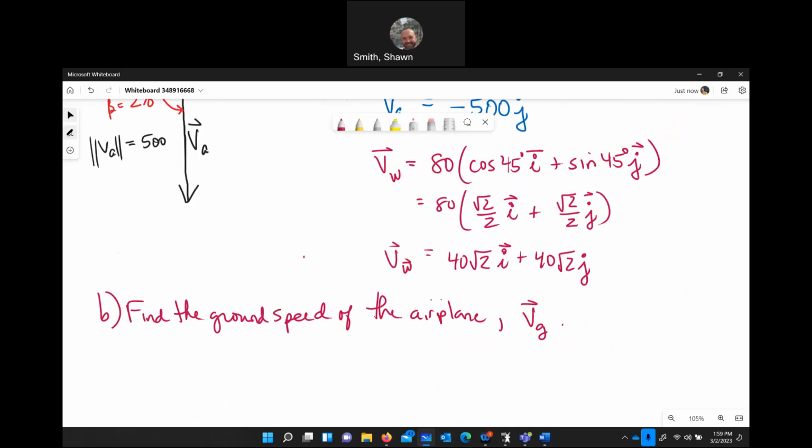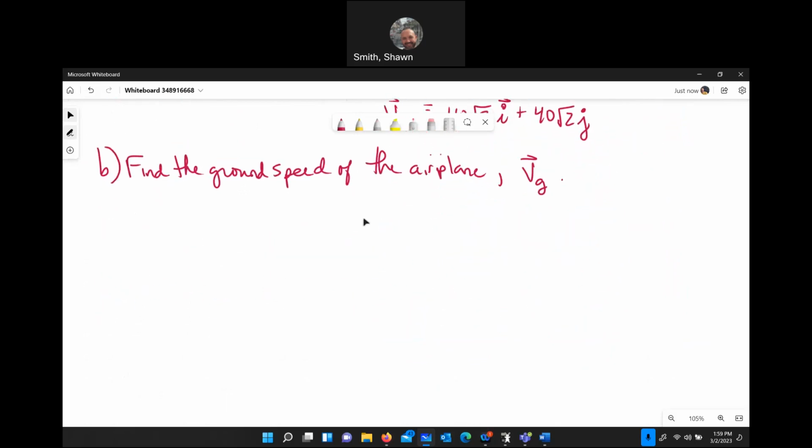The airspeed indicator is saying that you're doing 500 miles an hour, but you've got this 80-mile-an-hour wind pushing you in some direction. Are you really doing 500 miles an hour on the ground? No, probably doing slower, right? So let's see. All I have to do is the ground speed.